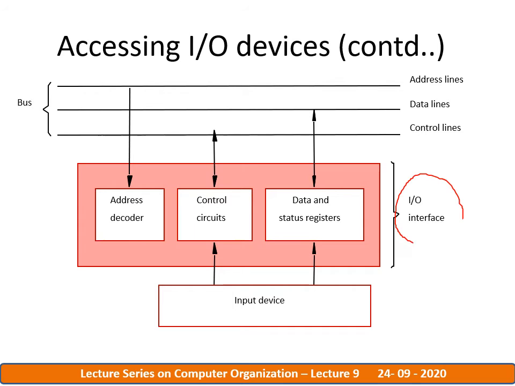This interface consists of all the logic required to ensure proper operation as a format translator. If the designed interface can work with different types of IO device, it is called a general purpose interface.